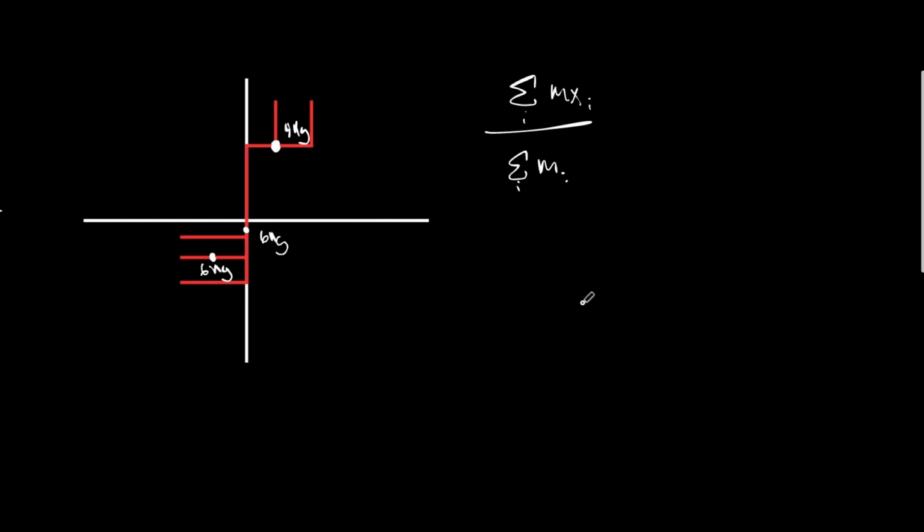Since we're given a coordinate plane, for now we'll only look at the x component, because when you find the center of mass, you're typically given an ordered pair. So your center of mass, CM, is going to be x and y, and you use this equation for your respective component.